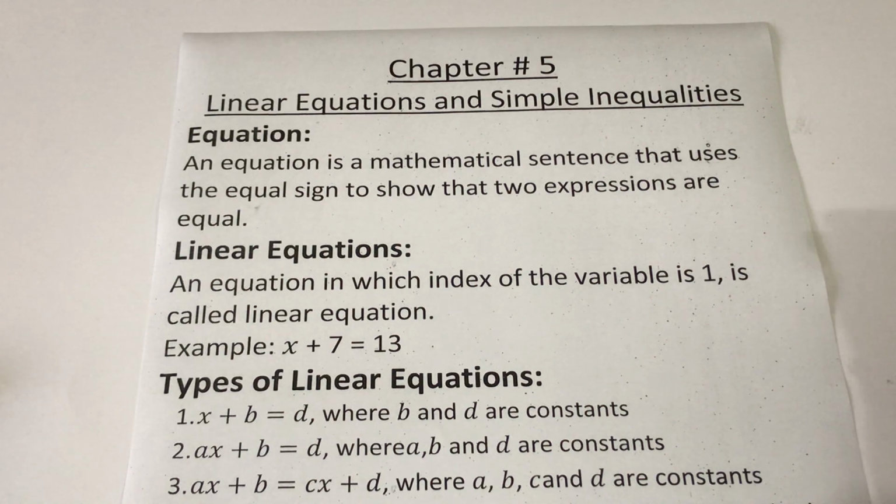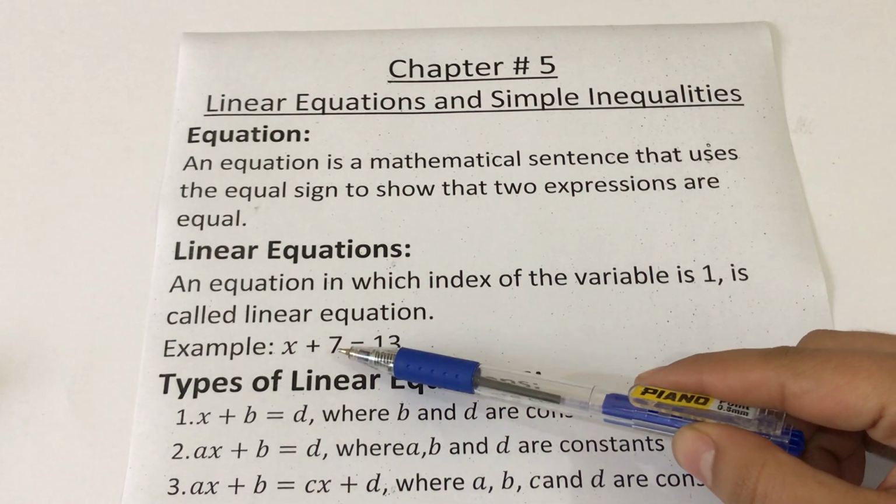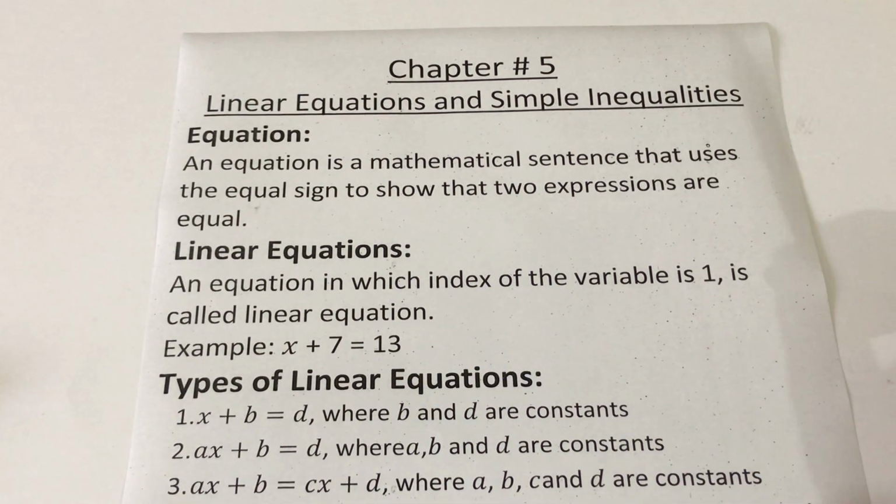These letters are known as variables. Constants, your numbers like 7, 13, all these numbers that can never change their values are fixed. These numbers are known as constants.